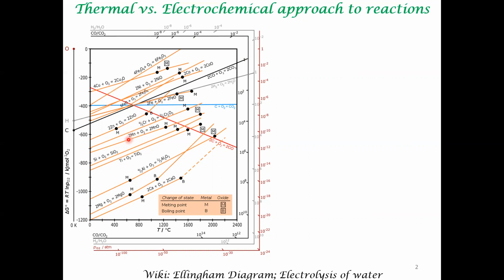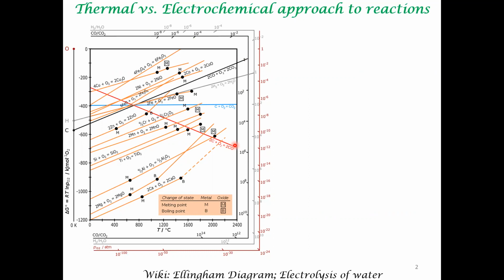One are lines which have a slope in this manner, and there are few oxidation reactions which do not have a slope, and there are even fewer reactions which have a slope in this manner. Why is that so?